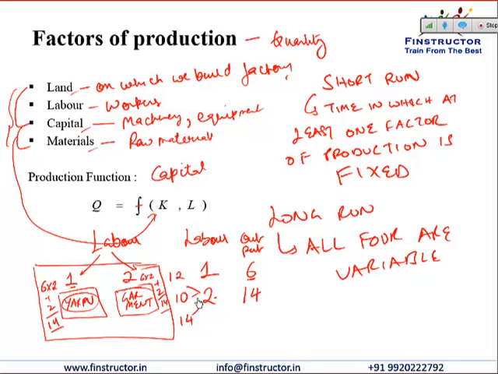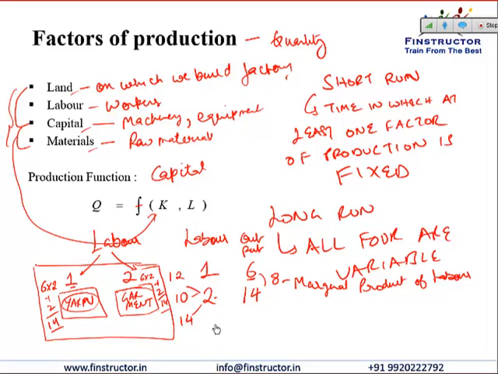So we see that there are increasing returns to labor, or the marginal product of labor is now 8 units, or the incremental output from hiring one more labor is 8 units. This is also called the marginal product of labor. That is the increase in output by adding one more labor.